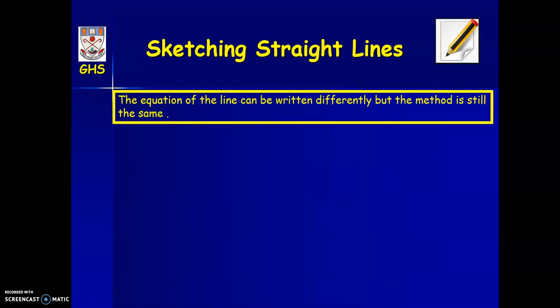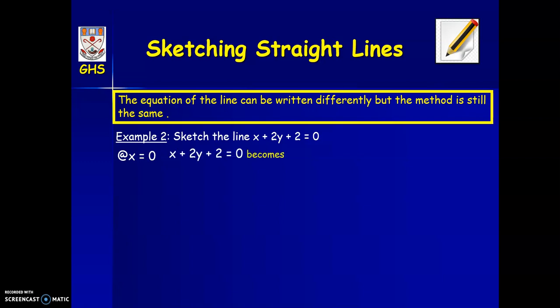Here's a second example. So sometimes the equation of the line can be written differently, but the method is still the same. So this time we've been asked to sketch the line of x plus 2y plus 2 equals 0. So on the y-axis, the x coordinate is 0.